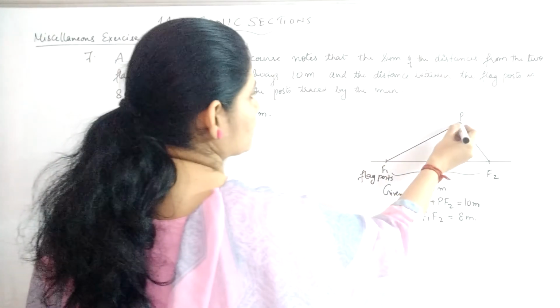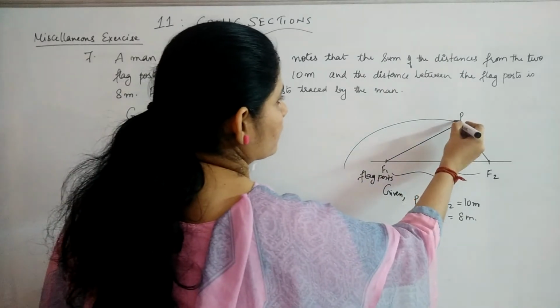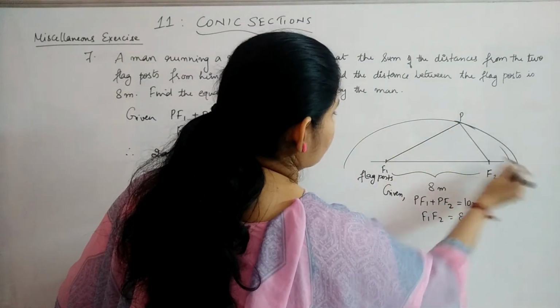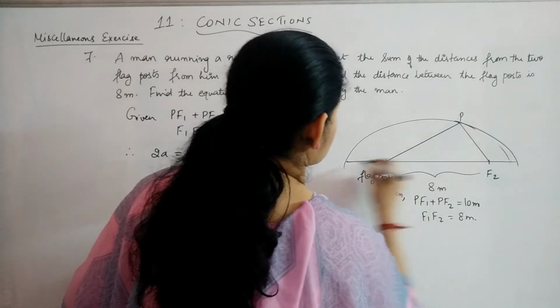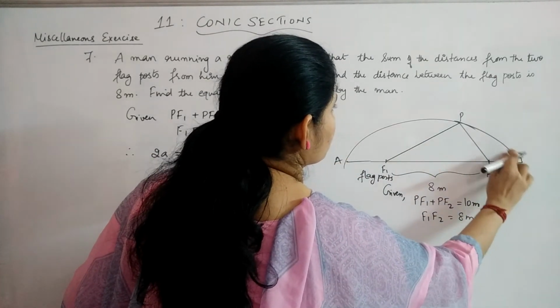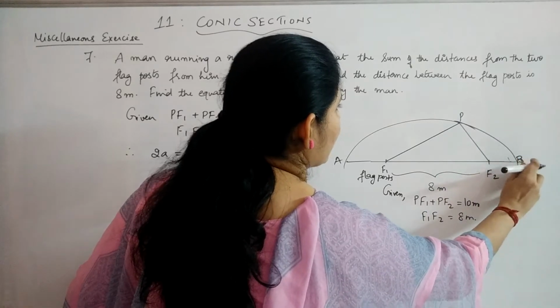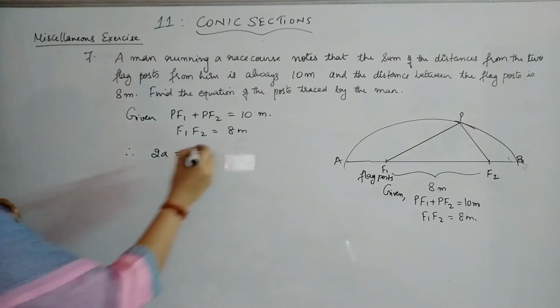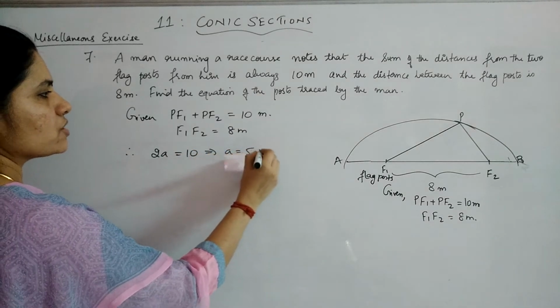So if we are forming like this, this total length AB is 2A, which is given to be 10, and that will give you what A is equal to, right?